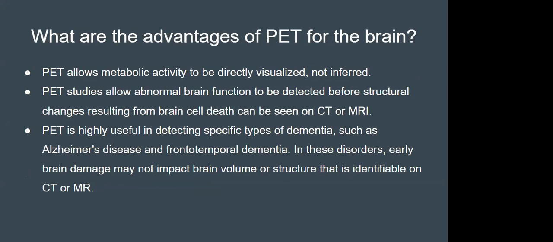And PET studies allow abnormal brain function to be detected before structural changes resulting from brain cell death can be seen on CT or MRI. It is highly useful in detecting specific types of dementia, such as Alzheimer's disease and frontotemporal dementia. In these disorders, early brain damage may not impact brain volume or structure that is identifiable on CT or MR.